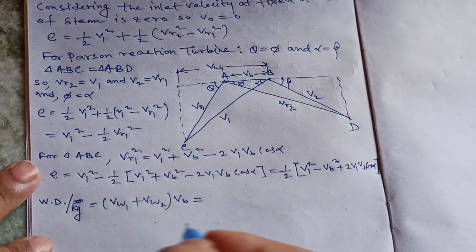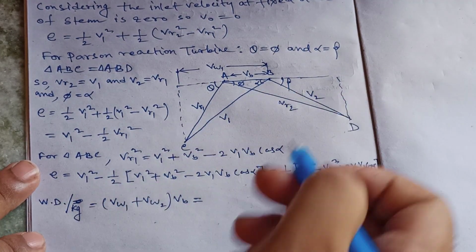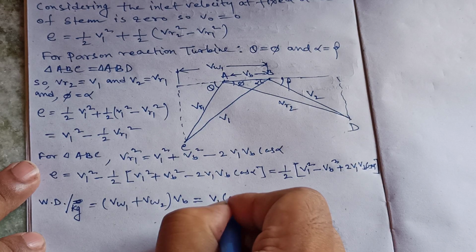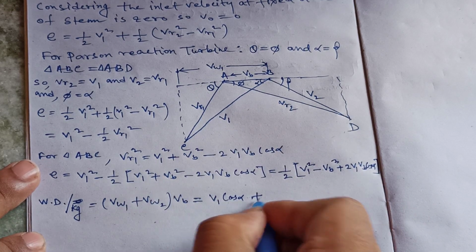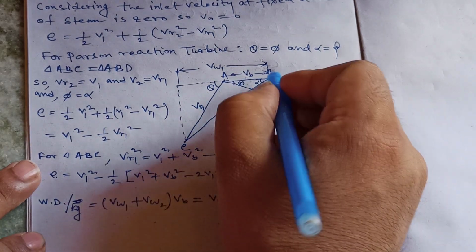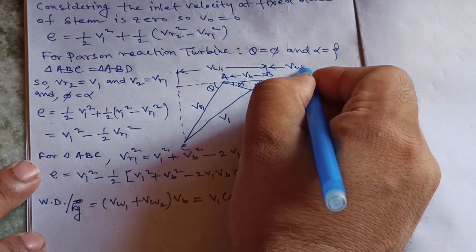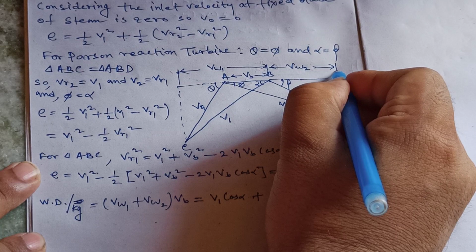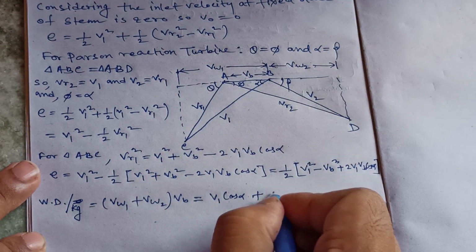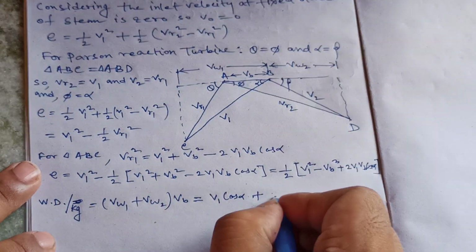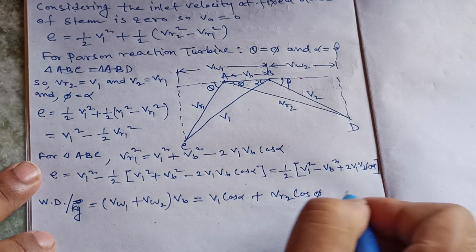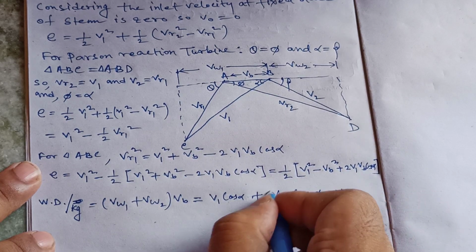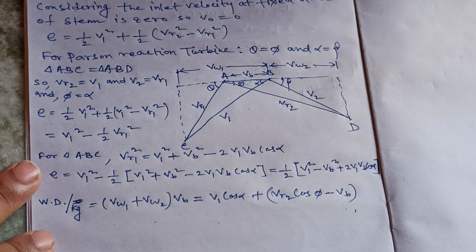VW1 is V1 cos alpha, plus VW2. How can you find VW2? That is VR2 cos phi minus VB. Is it not?